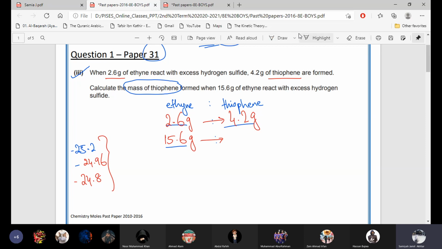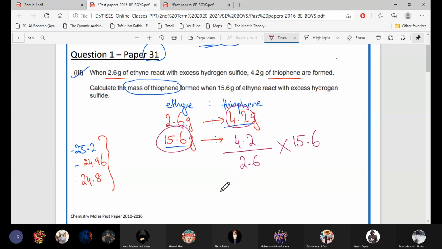It will be 4.2 divided by 2.6. This number will come in the numerator, and the ethyne information will come in the denominator, multiplied by the value about which they are asking, 15.6. So 4.2 divided by 2.6 multiplied by 15.6.